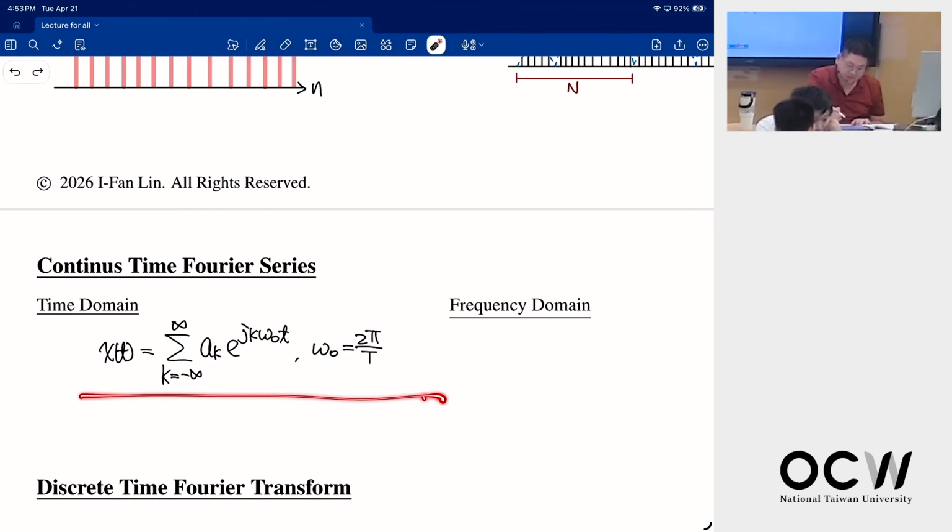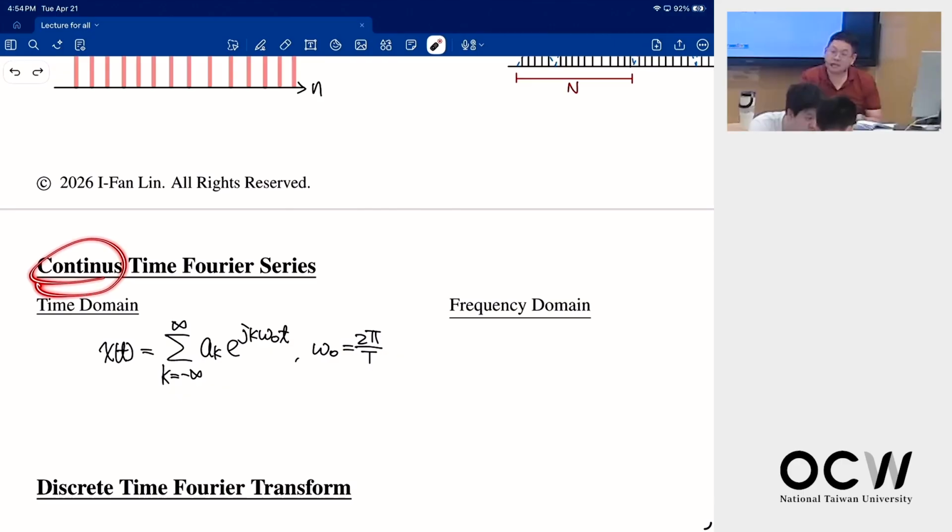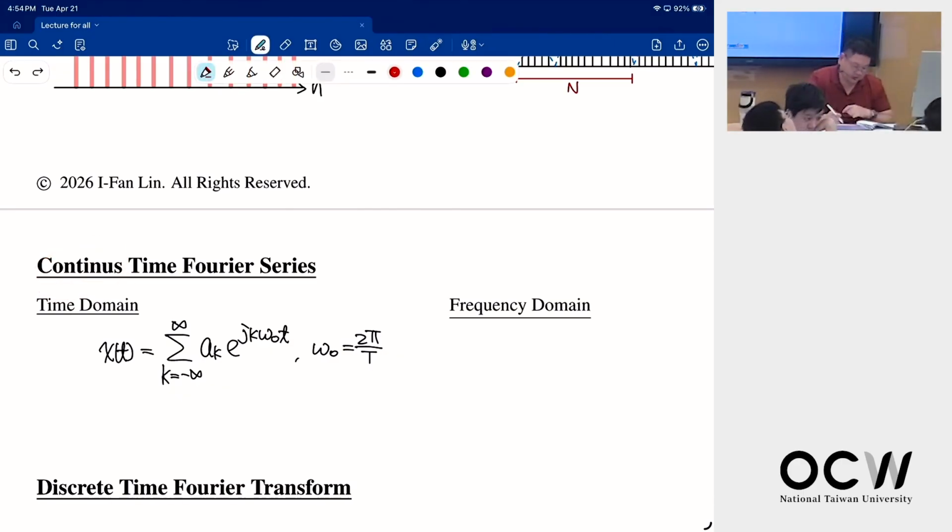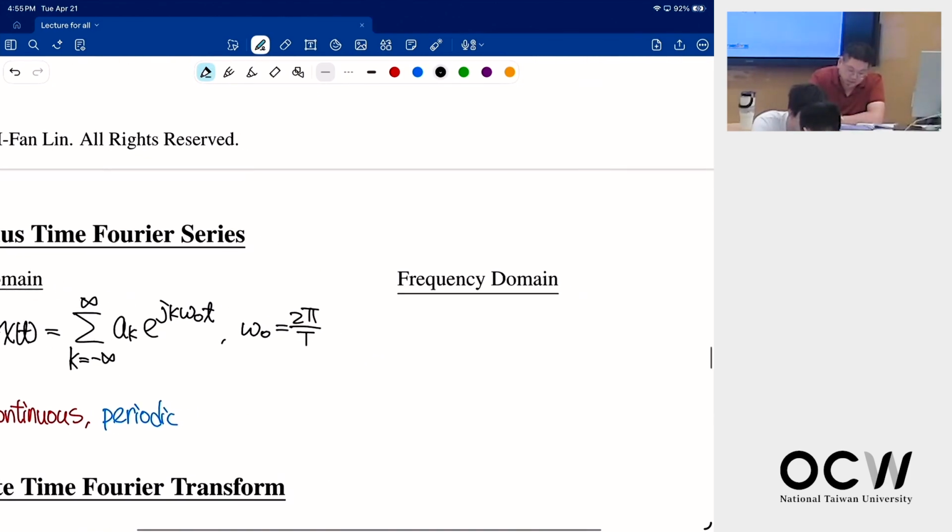Continuous or discrete, this signal? It's continuous, right? So it's continuous. Periodic or aperiodic? Periodic. Now in frequency domain, let's find the coefficient.